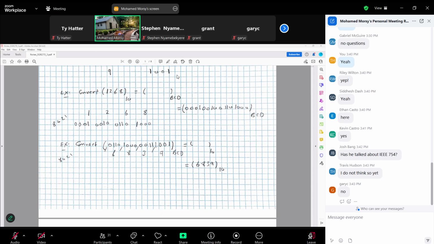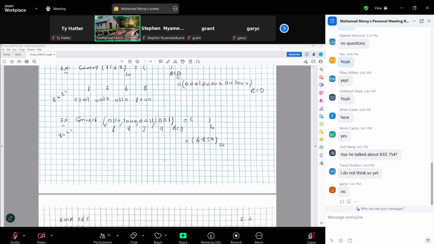So this BCD code corresponds to the decimal number 6839. It's called the BCD code.